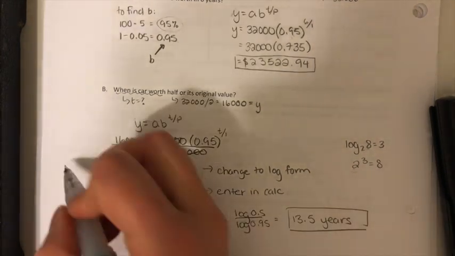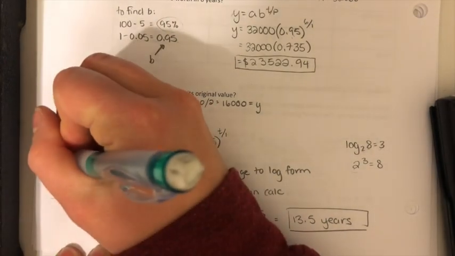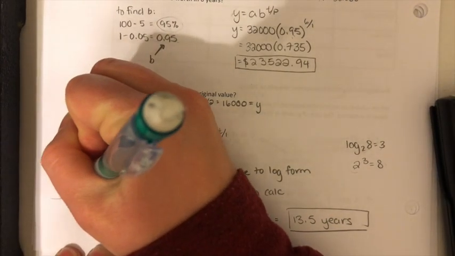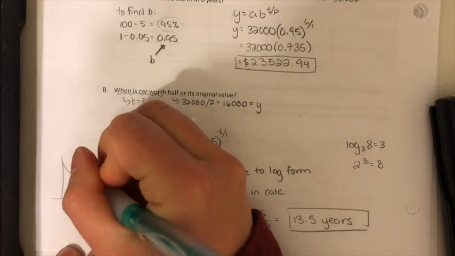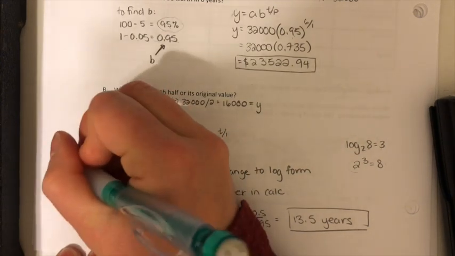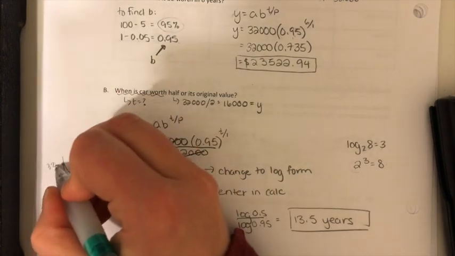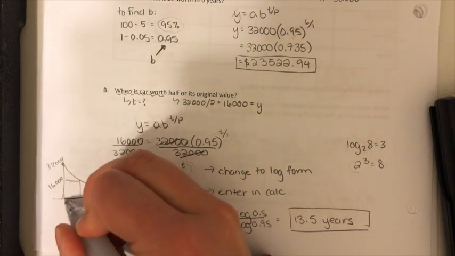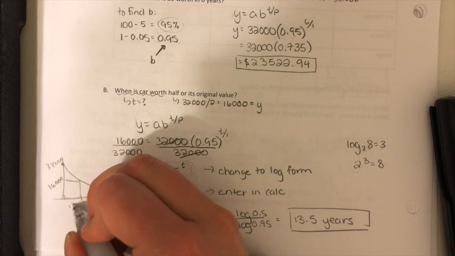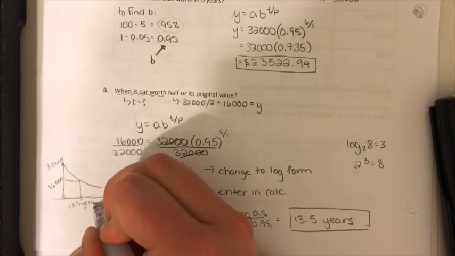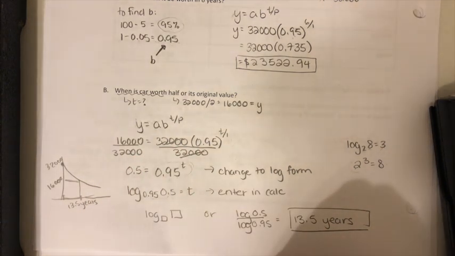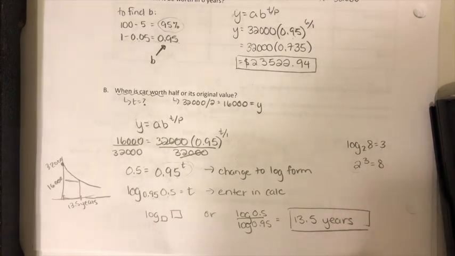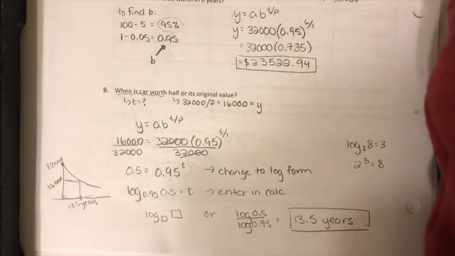Okay, so what it means is it takes that car 13.5 years to get to, like if this is the 32,000, this is 16,000, this distance here would be like 13.5 years. Okay, so that's what that means. That's what that looks like. So this is pretty applicable math.